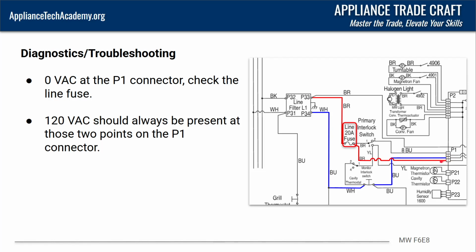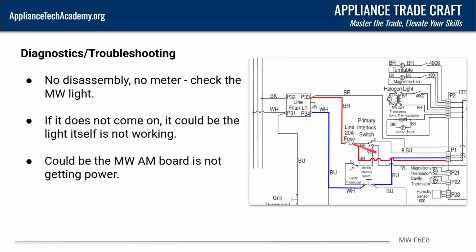Now, if you were to put one lead right here, let's say this is the circuit as it is, our line fuse is working, on this red wire, and you were to put another lead right there, even though this is a 120 volt circuit, 120 volts is energized there, you would read 0 volts. That is because there's no potential difference between 120 volts right here and 120 volts right there. But when you check line to neutral, you get 120 volts.